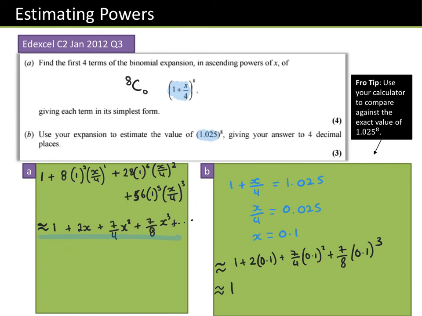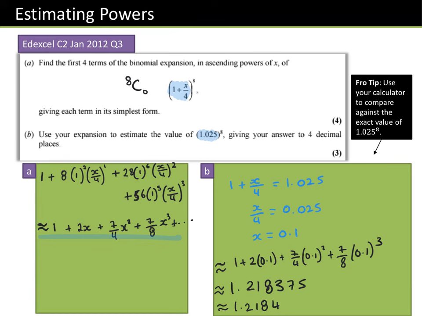So this is 1.218375, and I've written down the whole calculator display from my calculator, and it says give your answer to 4 decimal places.